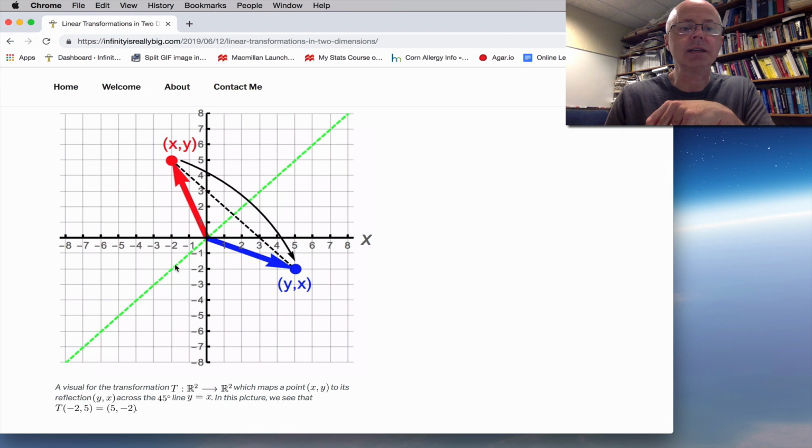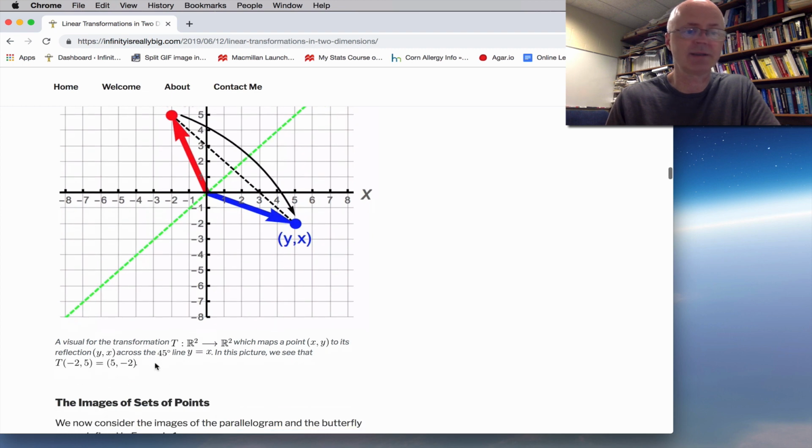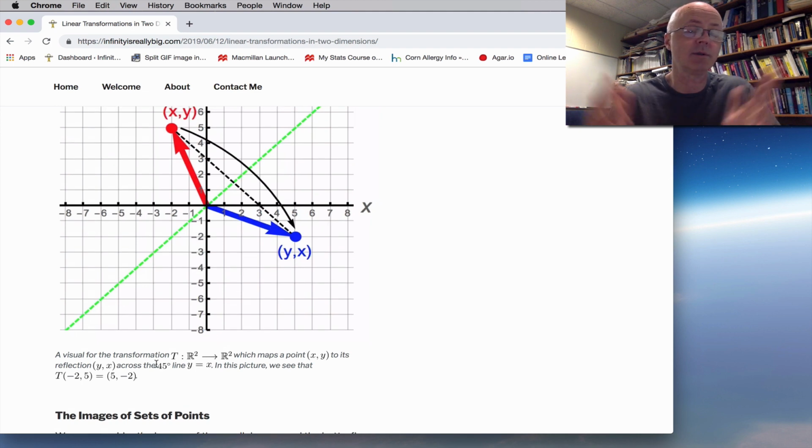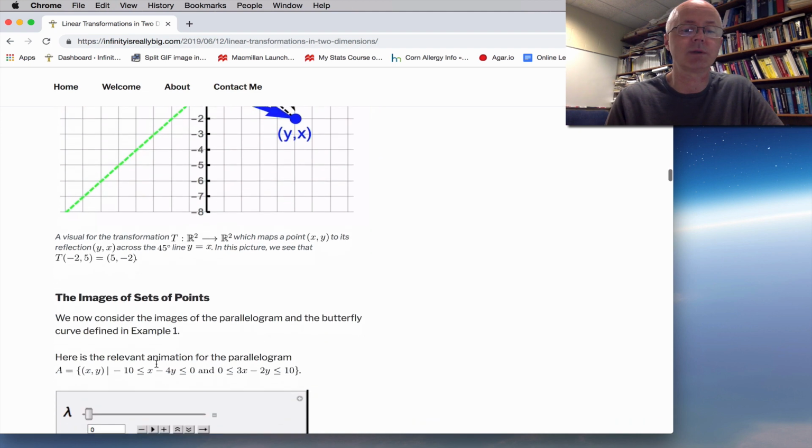The angles that you see here and here are going to be 90-degree angles. And you can certainly see for this particular example that I chose, it seems like you do swap the coordinates. The starting point, the input point, has coordinates (-2, 5). The output point over here has coordinates (5, -2). And that's what I say down here. It's not a proof that that's the right formula, but it should make it seem reasonable. And if you think about lots of other examples, you'll see it seems reasonable.